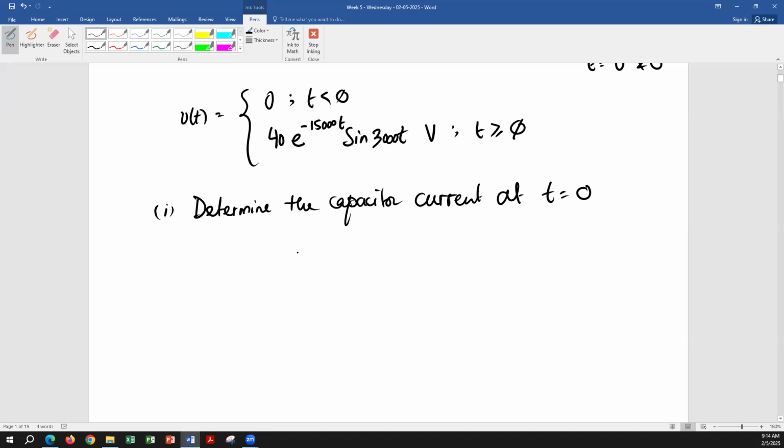Anybody remember what is the relationship between the capacitor current and capacitor voltage that we discussed on Monday? Very good. IC is equal to C times the derivative of the voltage across the capacitor.